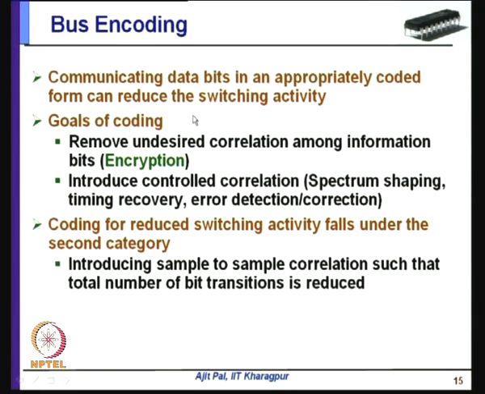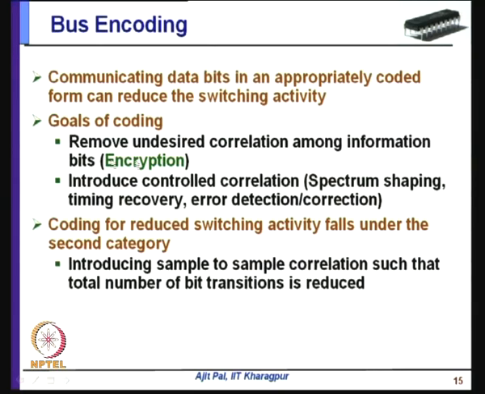As the signal is communicated over the bus, you can do the coding, and it can be done for two basic purposes. One purpose is to remove undesired correlation among information bits, as you do in case of encryption.